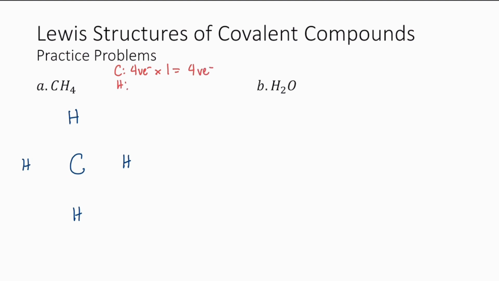Hydrogen has 1 valence electron. But now I have 4 hydrogen atoms, so I'll get a total of 4 valence electrons from my hydrogen as well. And that will give me a total of 8 valence electrons. So when I draw my Lewis structure, I should have a total of 8 electrons.